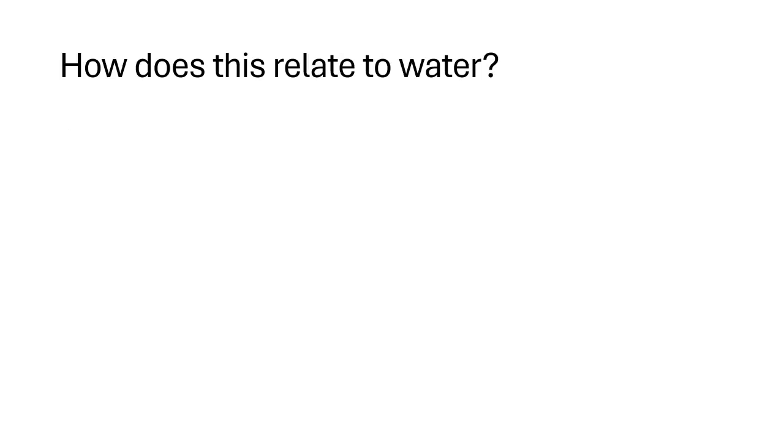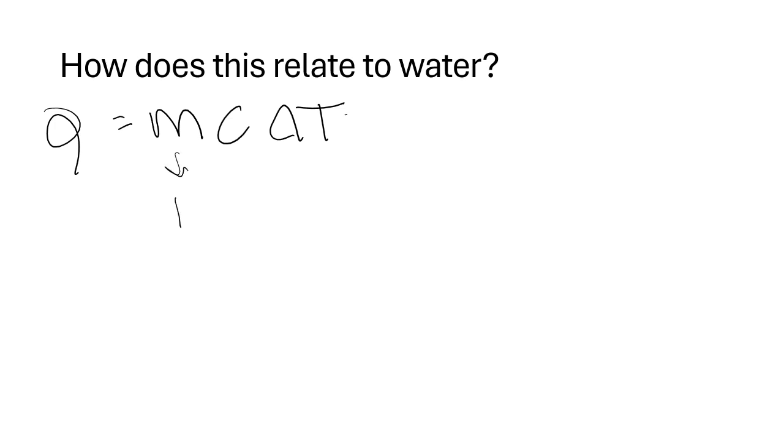So I'm just going to tell you how this relates to water, and all this is based on water. If we did Q equals MC change in T, and let's say we have 1 gram of water, the specific heat is 4.18 for water. You're going to hear that in your career here. And let's say the change in temperature is just 1 degree Celsius.